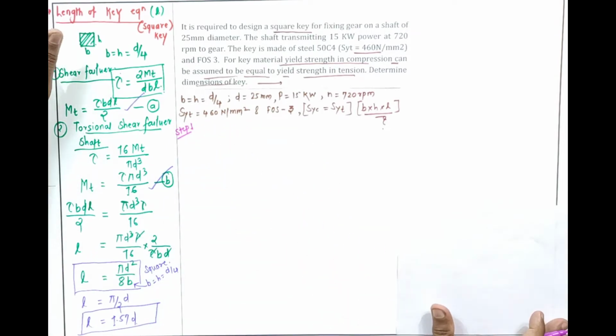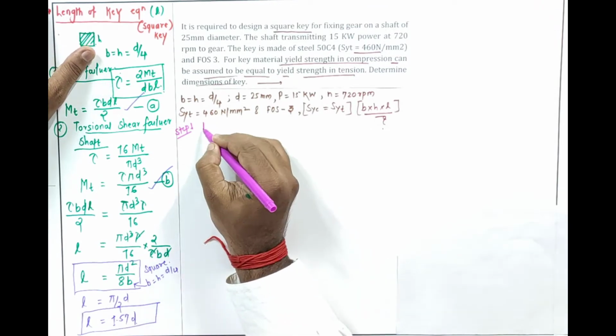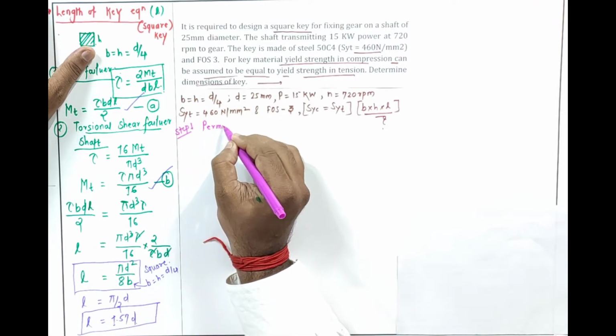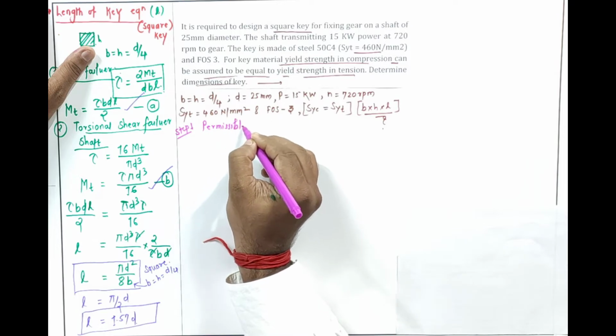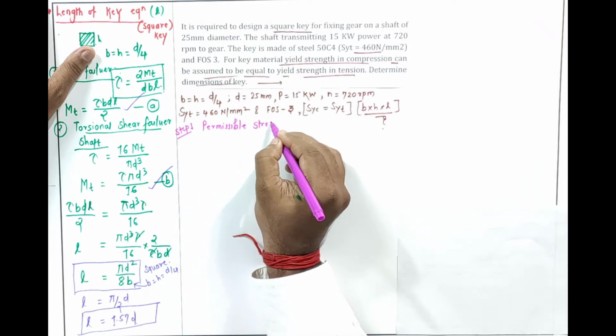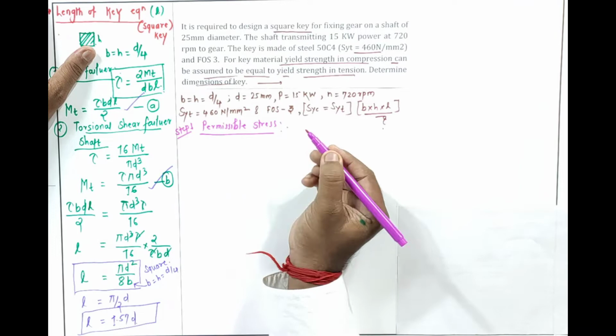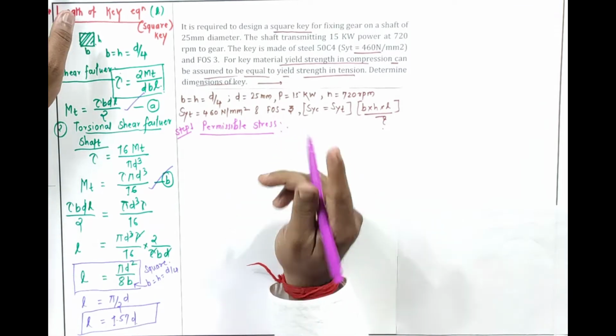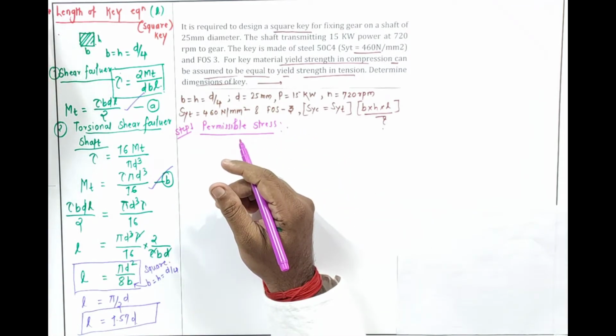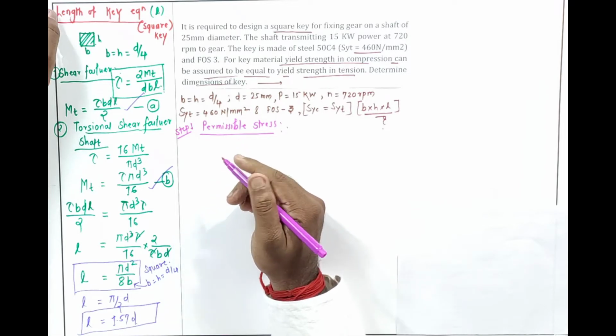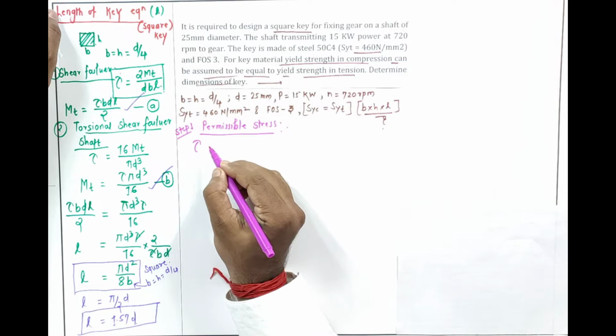Always remember, step number 1 is to calculate the permissible stress. Now while calculating permissible stress, there are only two kinds of stresses available for keys: one is crushing, another is shear. So we'll calculate shear stress.